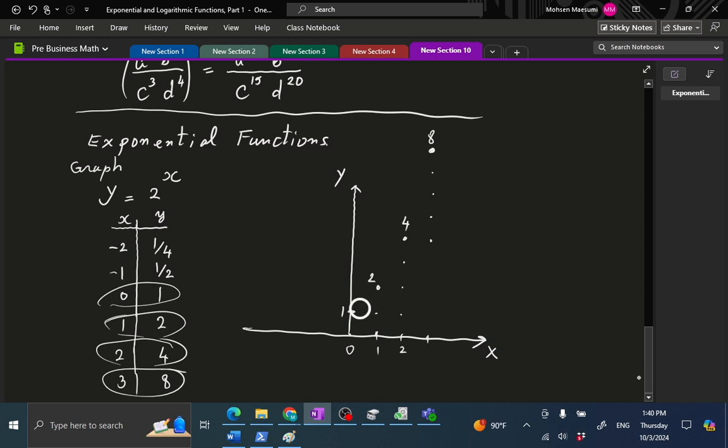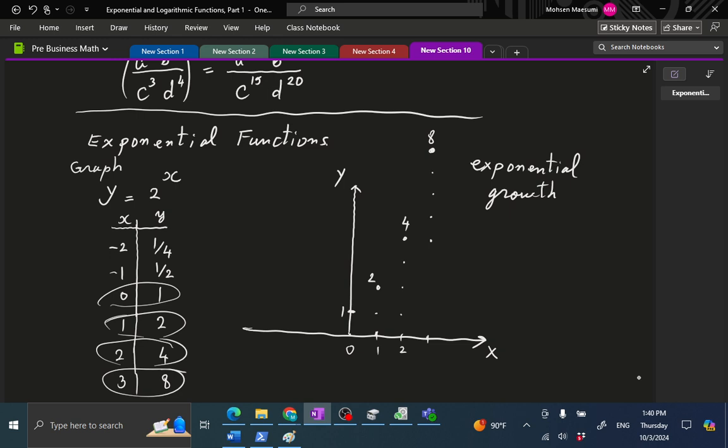So you see that this is escaping, going up quite rapidly. That's called exponential growth. This exponential growth is what is behind the advice of not owing anything on your credit card and paying it off, because if you don't, it just grows very rapidly.